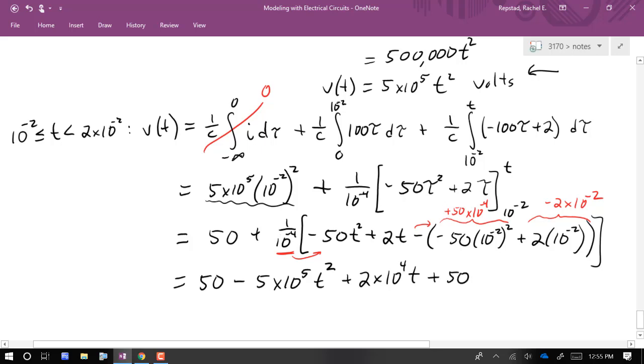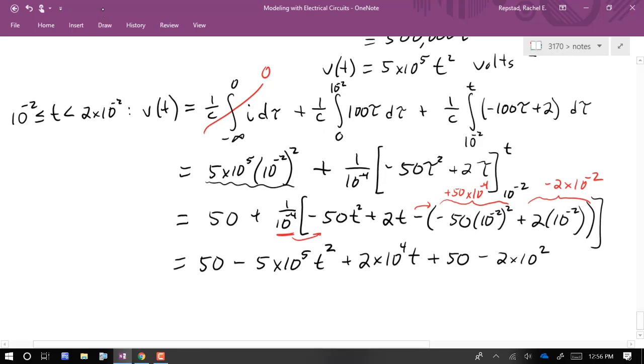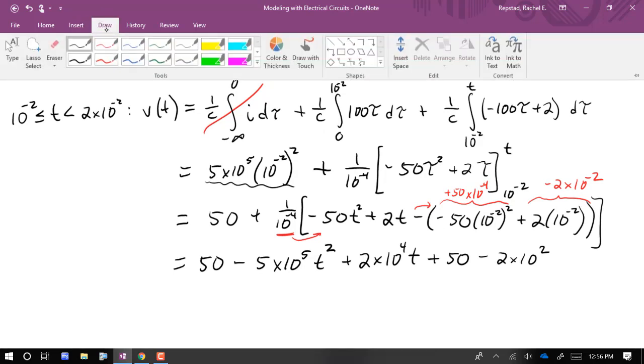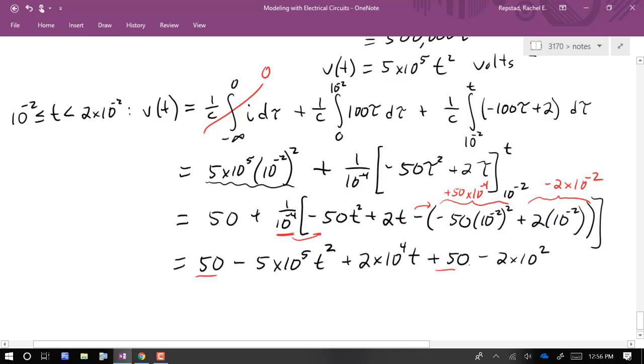Get those factors of 10 to the negative 4th to cancel. And then minus 2 times 10 squared. And we just have some like terms. So the 50 and 50 is 100, minus 200 is negative 100.